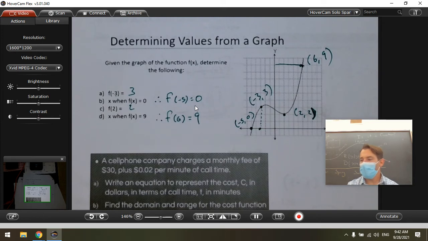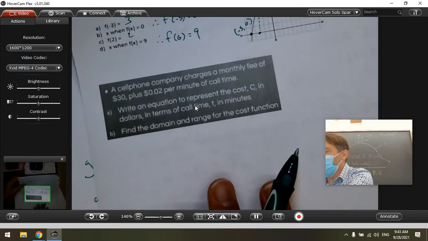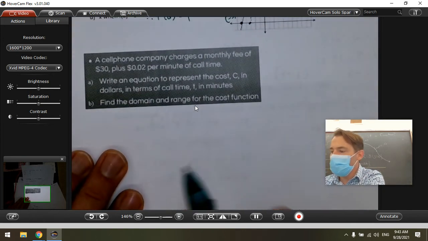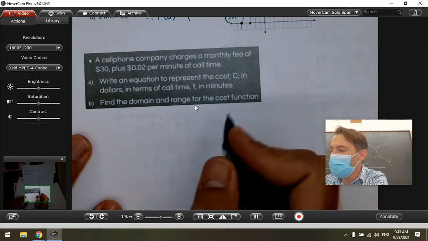So here we want to recognize that we would have a line because the rate of change is constant. Every extra minute of call time adds the same amount to our bill. So as the minutes of call time grow, our bill grows as a line. So we're going to have something of the form y equals mx plus b, but we want to do it in cost in terms of dollars and call time t in minutes.